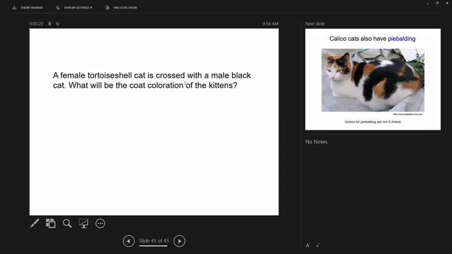And in this case, we said the male is a black cat, so he has to be X plus and Y. So don't make the mistake of giving a black or orange allele on the Y chromosome, because this is an X-linked phenomenon, not a Y-linked phenomenon. So then you just fill out the Punnett square as normal.